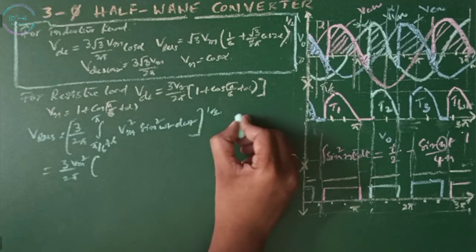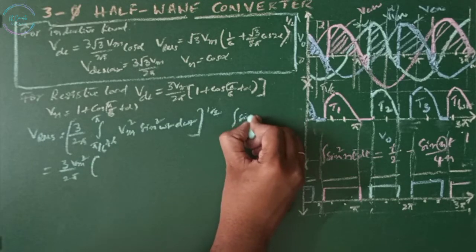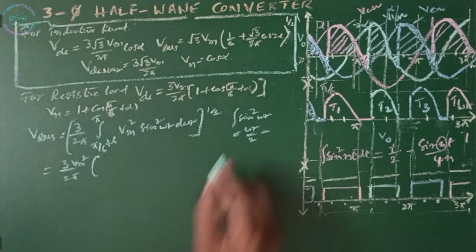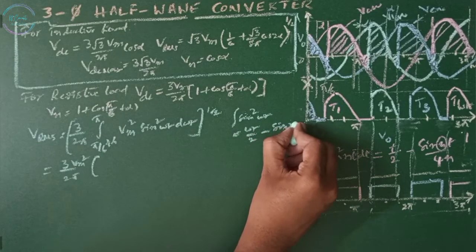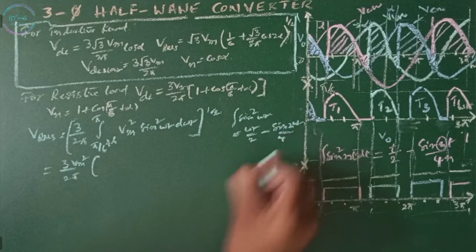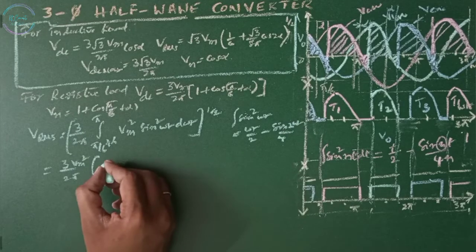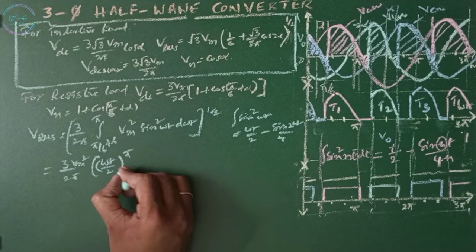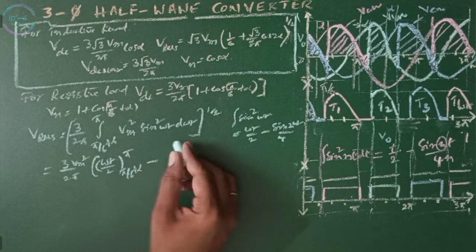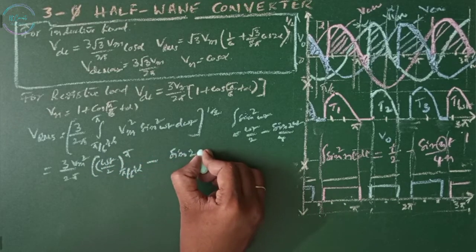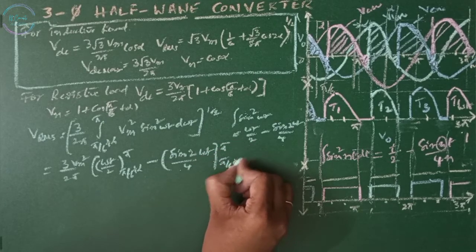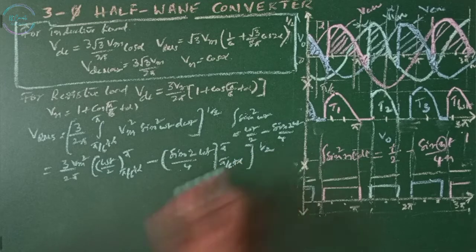We have a formula that the integral of sine square omega t equals omega t by 2 minus sine 2 omega t by 4. If you use that formula, then you are going to get omega t by 2 minus sine 2 omega t by 4, from pi by 6 plus alpha to pi, whole to the power of 1 by 2.